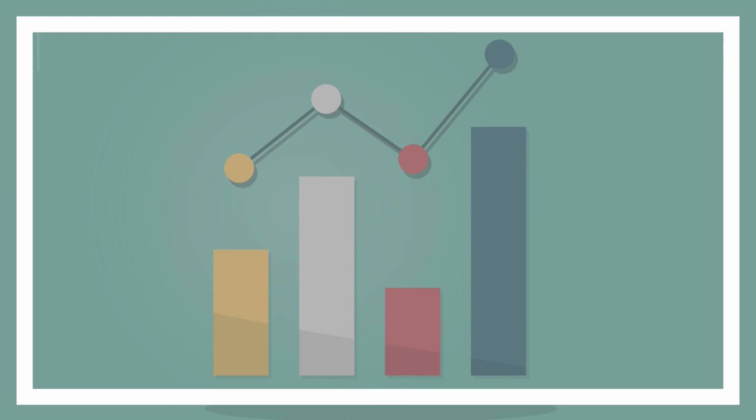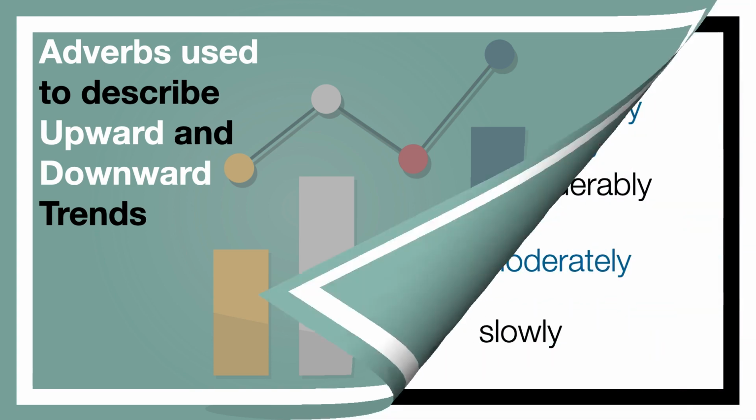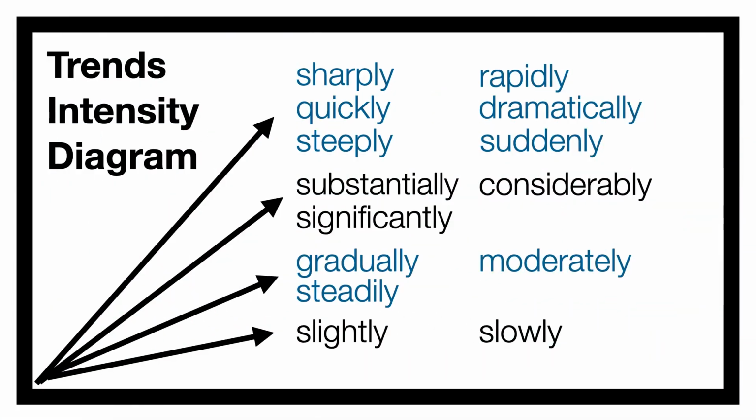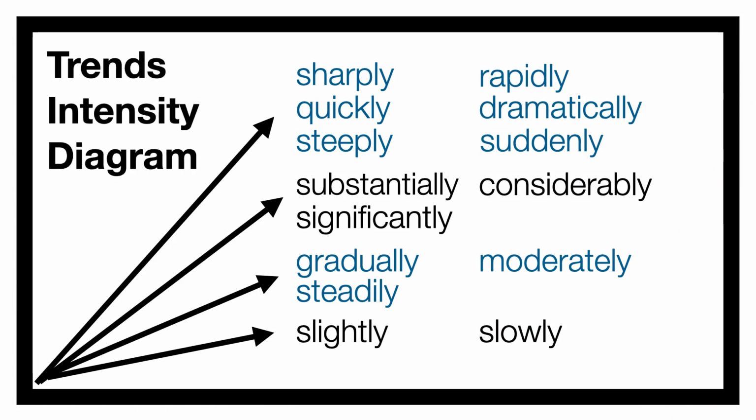Let's look at adverbs used to describe upward and downward trends. To help you understand the adverbs, I made this trends intensity diagram. In this diagram, the degree of intensity is shown by the arrows.